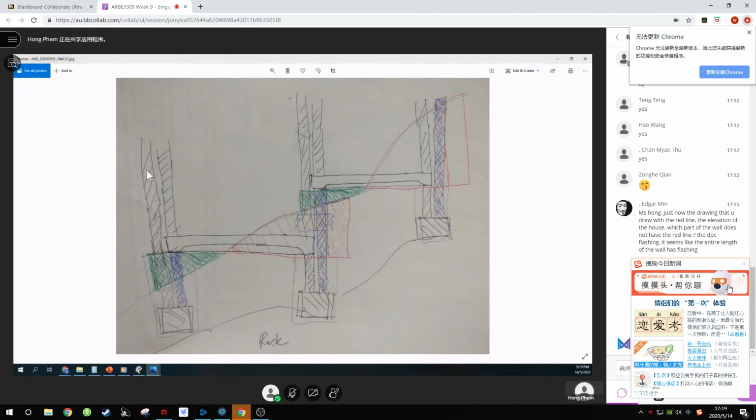Because if, let's say, this side you don't have the wall, then it means you are missing out the excavation at this side. You know what I mean? If you got the slab, if you got the wall, you must have both side walls. And then you need to differentiate which side is the brick wall and which side is a retaining wall.